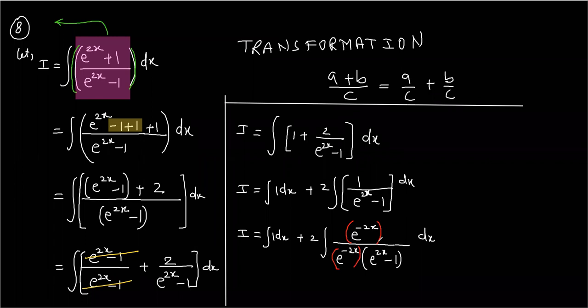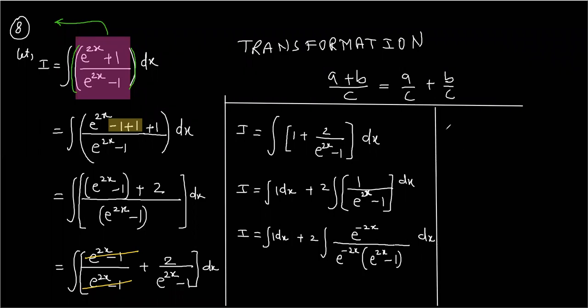Whatever I did, this has got x in it, this has also got x in it, and it is all in between dx and the integral sign. So let me tell you once again: I multiplied e raised to minus 2x up and e raised to minus 2x down. If you are amazed why I did this, you will know in a while.